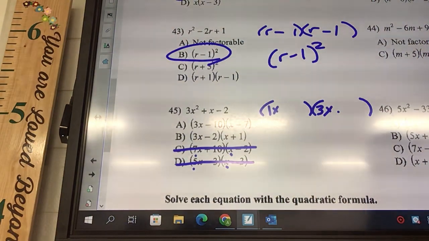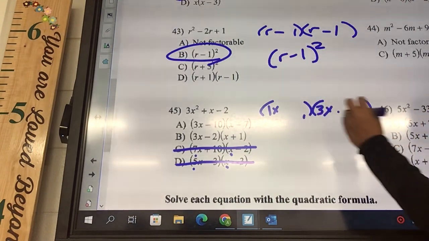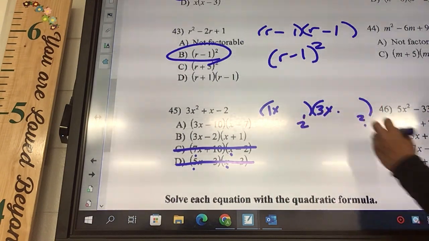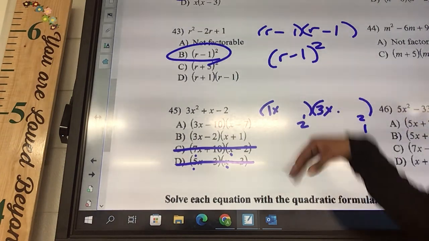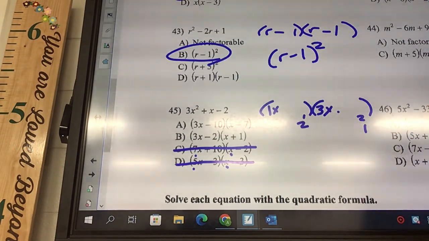And then the rest we kind of have to work out a little bit. I'm going to make a list of what number next? 2, right? So what are some factors of 2? I could either put the 1 here and the 2 there, or 2 then 1. What's the problem with A?